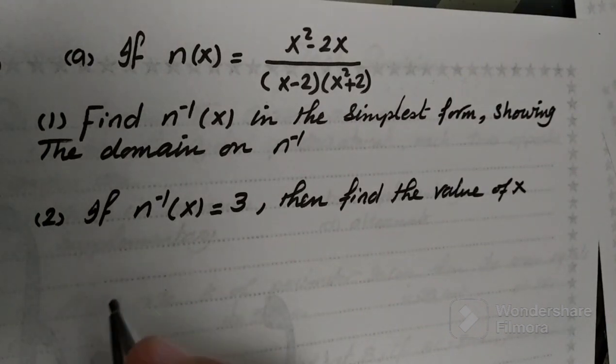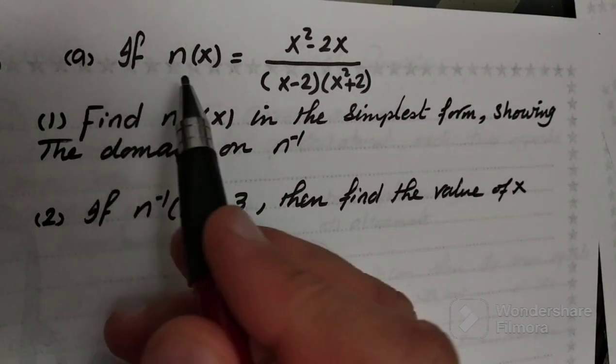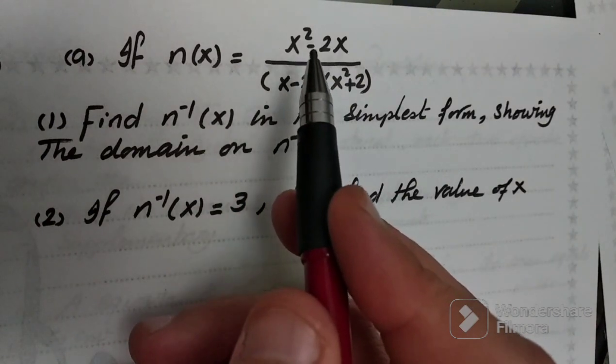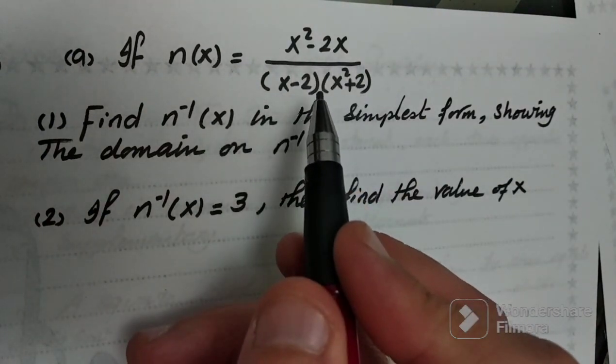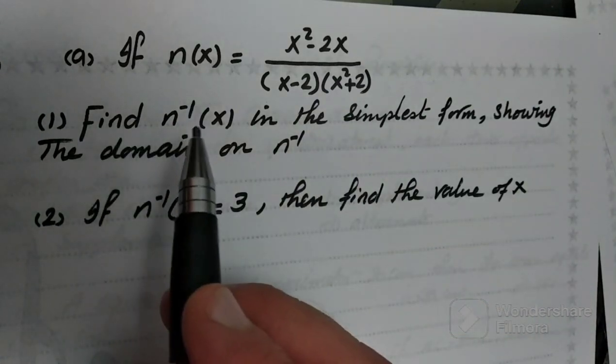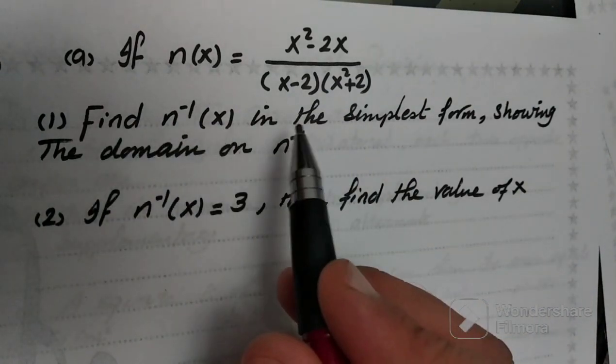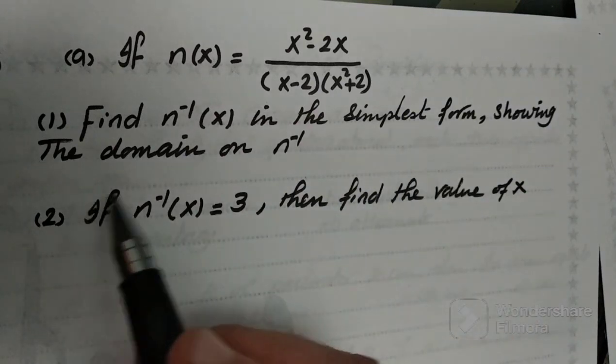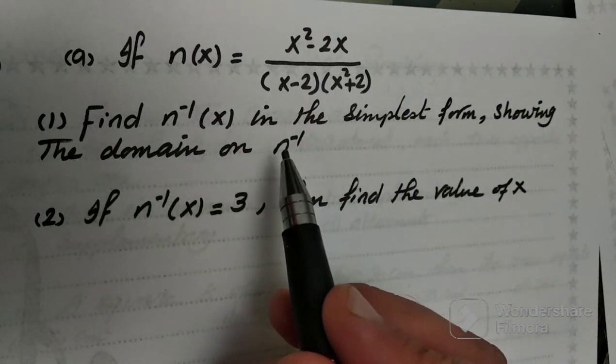Question 5. If n of x equals x squared minus 2x over x minus 2 multiply x squared plus 2, find n power negative 1 of x in the simplest form, showing the domain of n power negative 1.